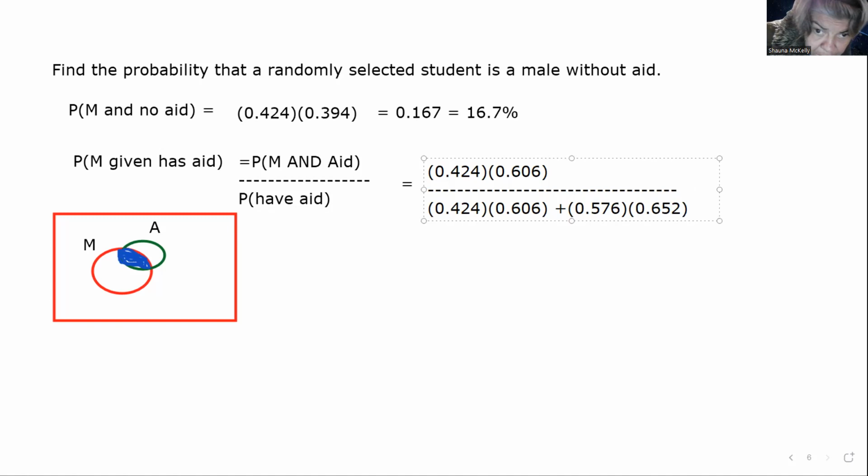Let's go to the calculator. Go ahead and write that down. I'm going to give you a second to write down that calculation, and then we're going to put it in the calculator.